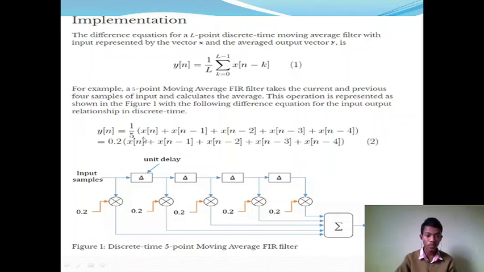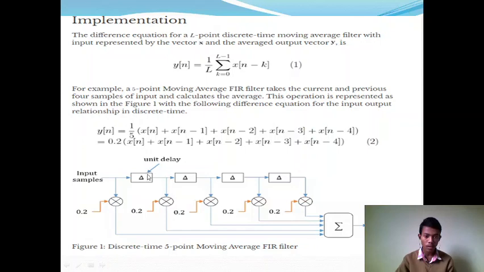For example, if you observe, this is the moving average filter with L equal to 5. So its output equation is 1 by 5 times x of n plus x of n minus 1 plus x of n minus 2 plus x of n minus 3 plus x of n minus 4. This is x of n, my current input, and I am multiplying it with 0.2.